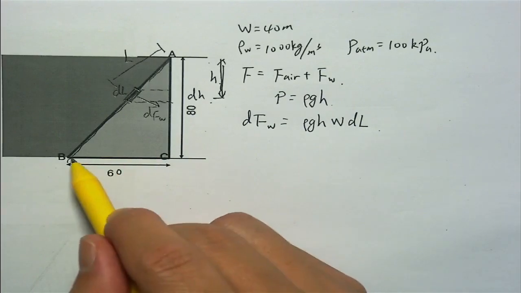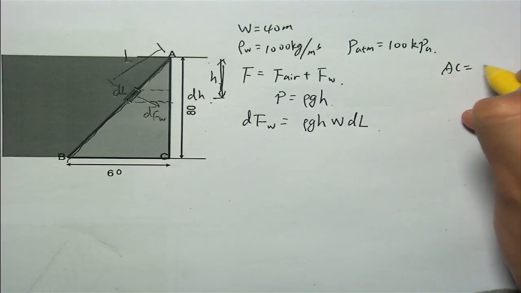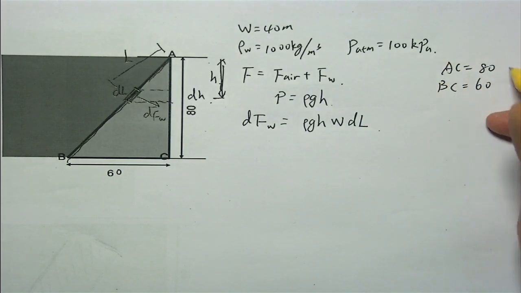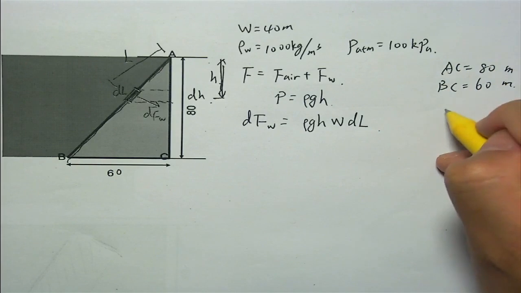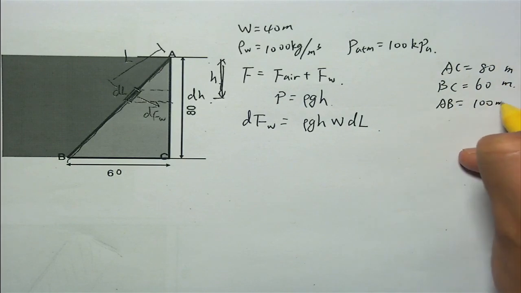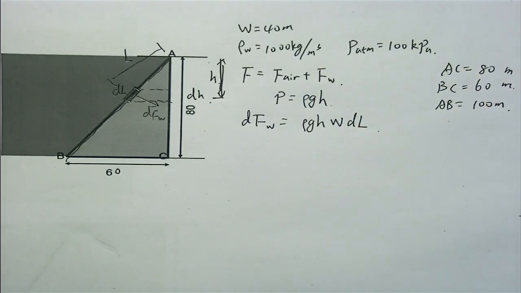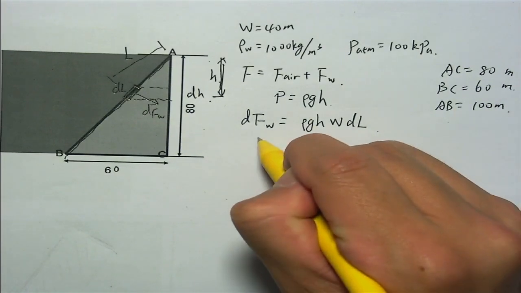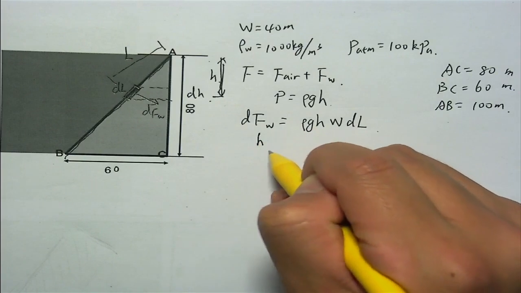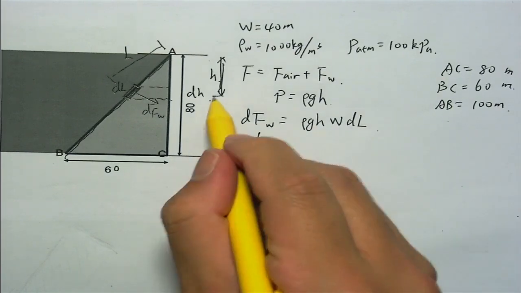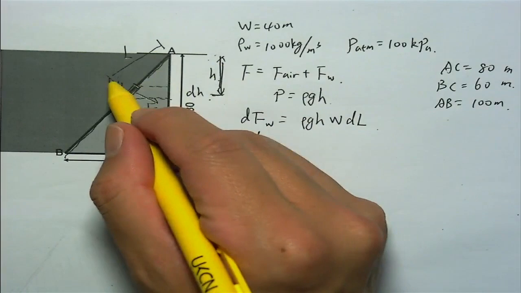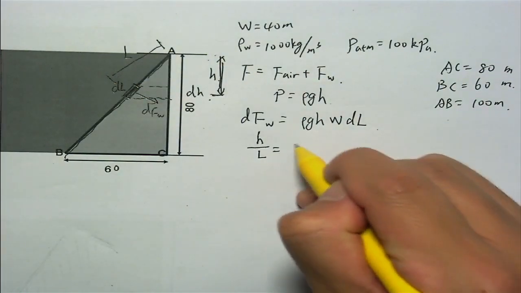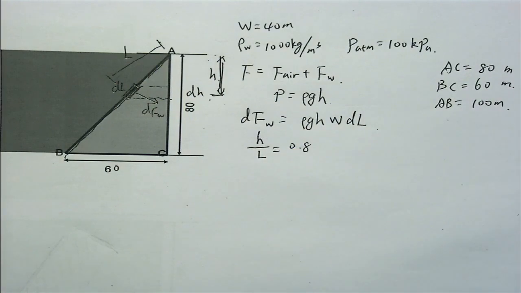So we know the relationship of AC is 80, BC is 60. So we know AB is 100 meters. So we can easily get the relationship between H and L. The H is here, the depth, and L is the length from A to the point, which is 0.8, right?